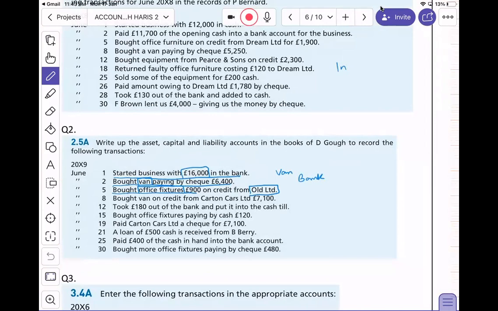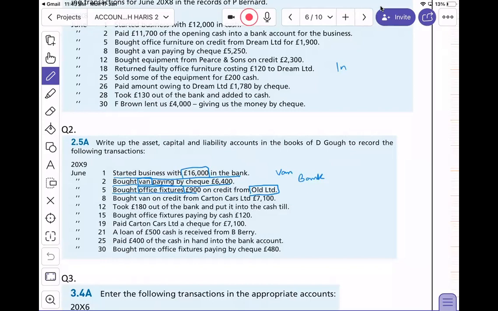And now entry number 8, bought van on credit from Carton Cars Limited. So this is very similar to the entry on 5th June. Bought van is an asset. Asset is coming in, so assets are increasing. Which asset is increasing? Van, and increase in asset is debited. So we're going to debit van. On credit from Carton Cars Limited.